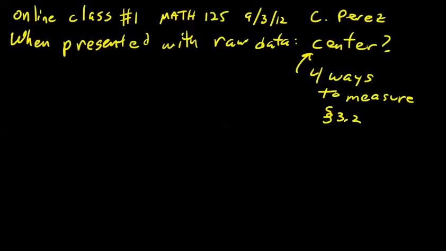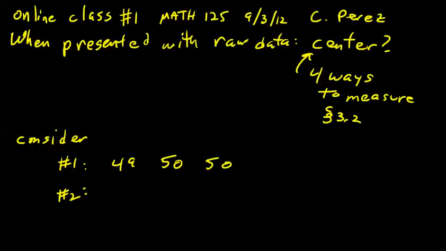All right, well, we want to consider 2 data sets. I'll call them data set number 1 and data set number 2. Let's look at data set number 1, consisting of these values: 49, 50, 50, 50, and 51.